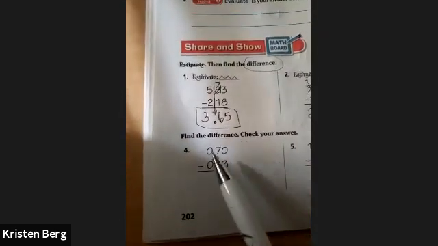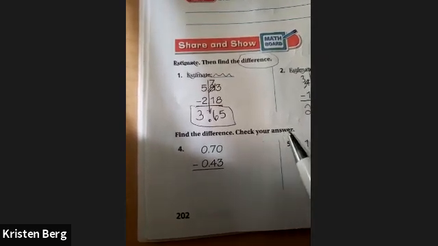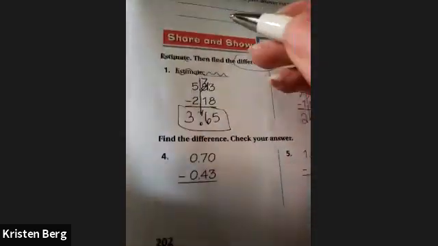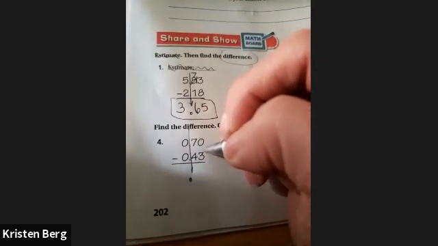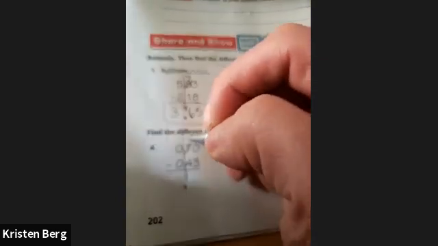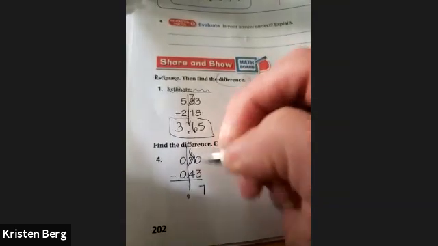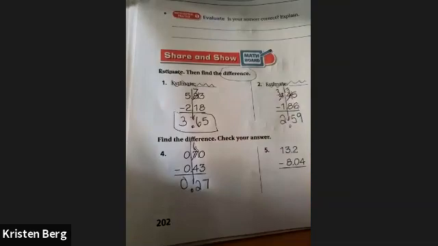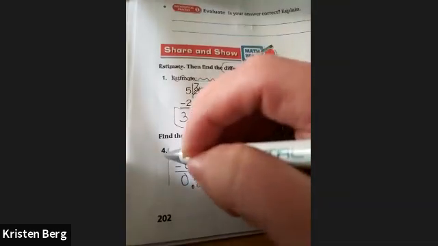All right, the next part said, find the difference. So again, you're going to find the difference between this, which is the answer to a subtraction problem, and then check your answer. All right, so first thing, bring down your decimal. Can you have 0 and take away 3? No, you may not. So you got to come over and borrow. So then 10 minus 3 is 7. 6 minus 4 is 2. And then 0 minus 0 is 0. Now, in order to check, remember you work backwards.